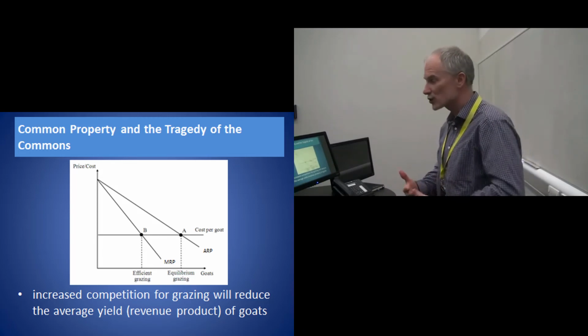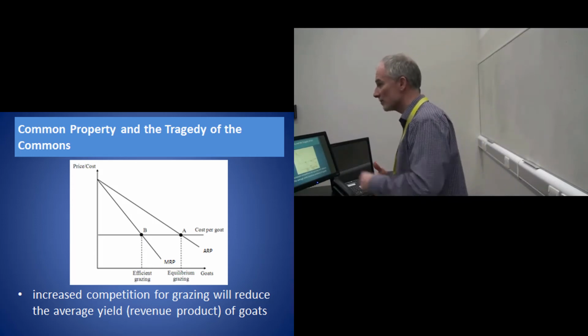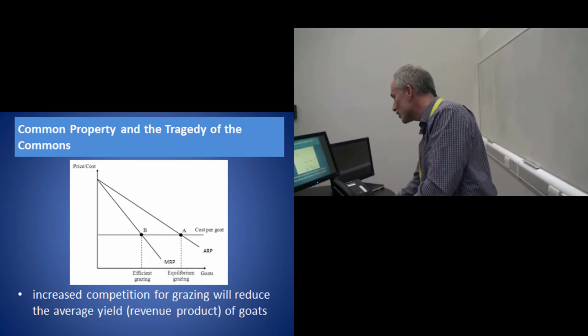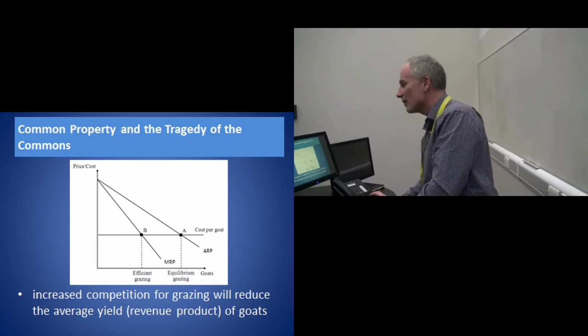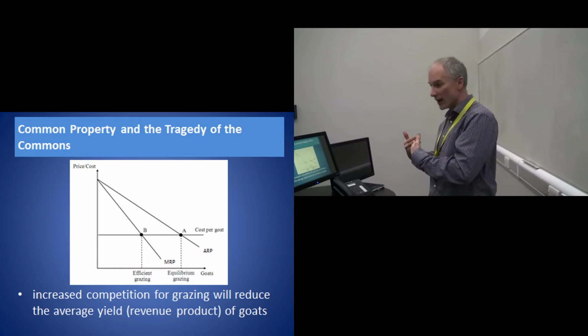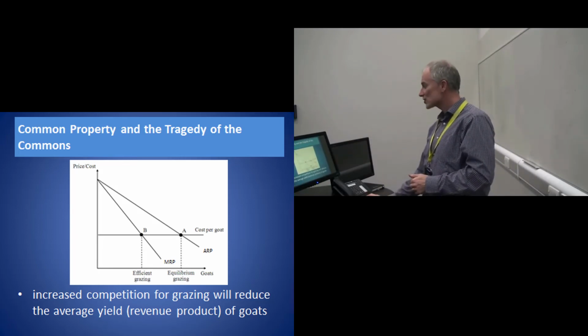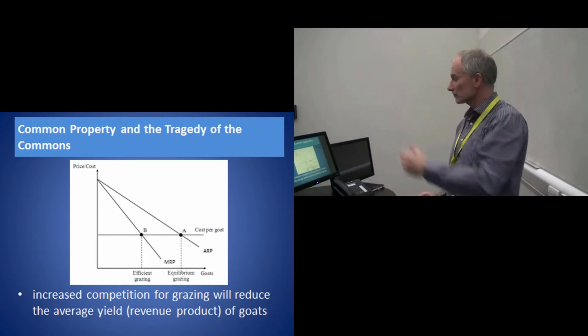If they eat less grass, the amount of milk that they can produce will fall. And hence the average revenue product, the amount of milk produced by each goat on average, will fall. So that's the average revenue product, and it will be declining.